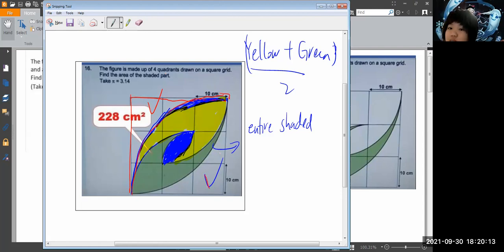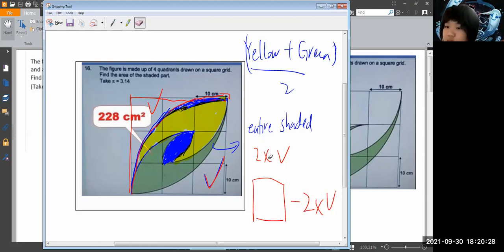So you will also get this other empty part. So these are 2 times the thick part. So you use the big square minus 2 times the thick part, and then you will get the entire shaded part. Am I right?